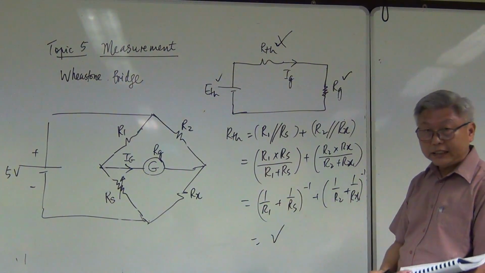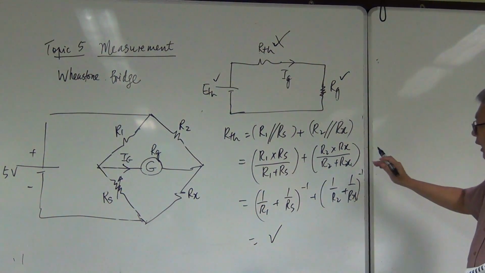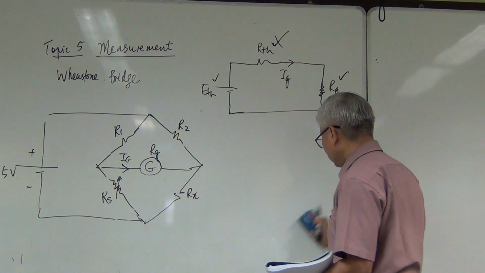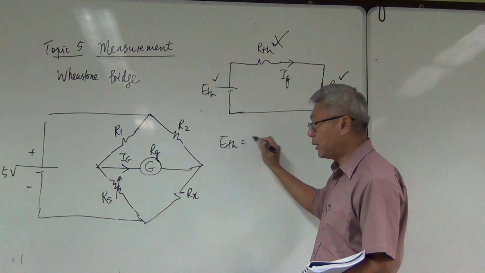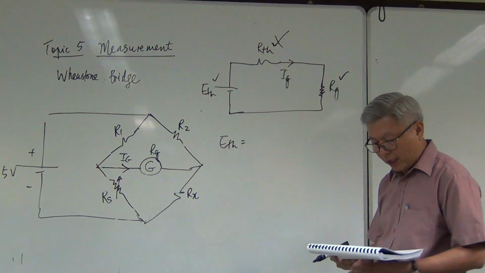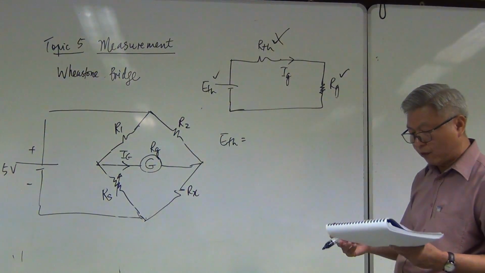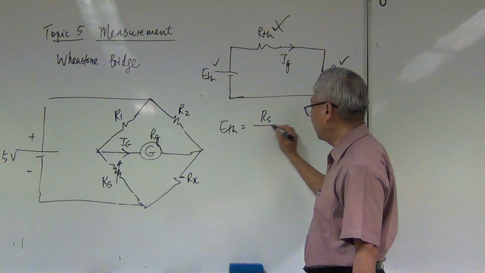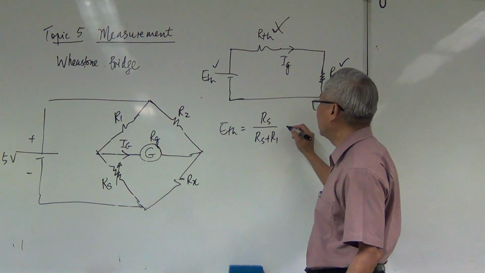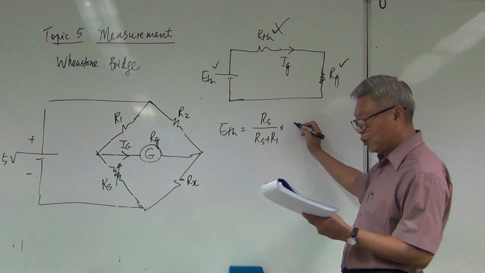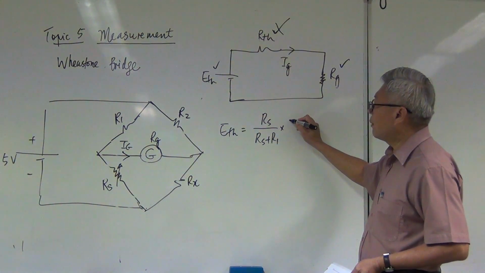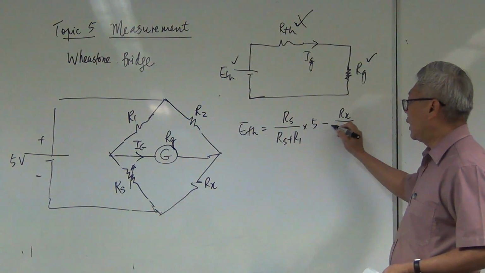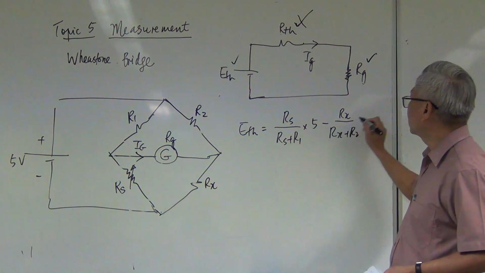How about ETH? To calculate ETH, let me erase this. It also can be proven mathematically. ETH uses the voltage divider formula. It's the voltage across here, so it's Rs over Rs plus R1 times the 5 volt, minus Rx over Rx plus R2 times 5 volt.